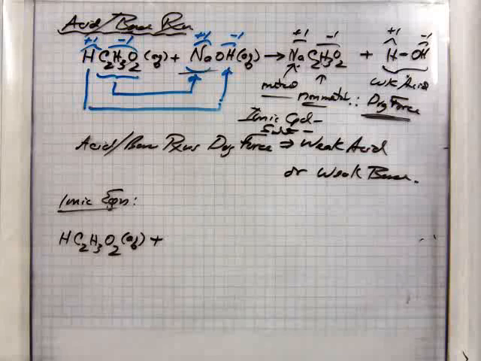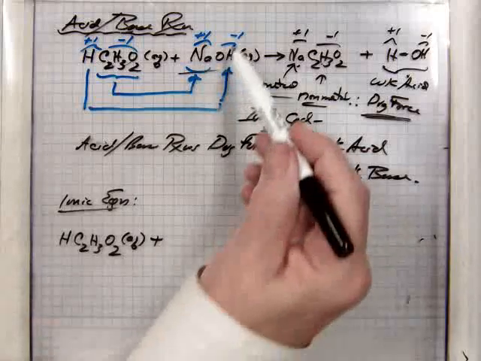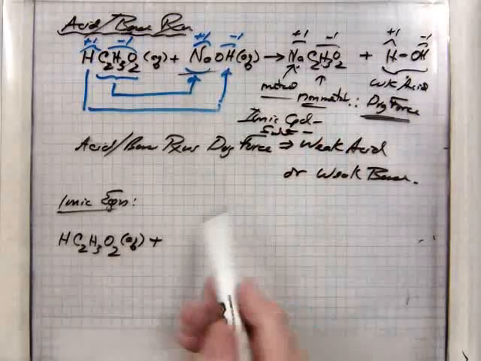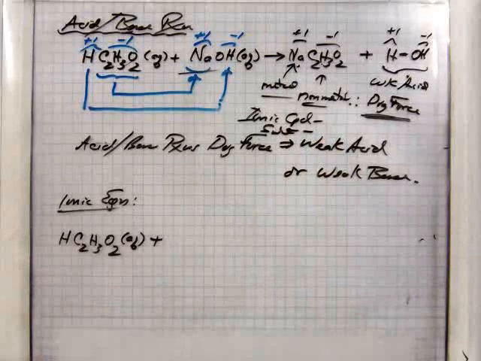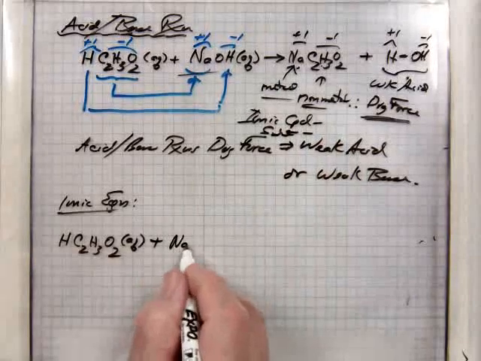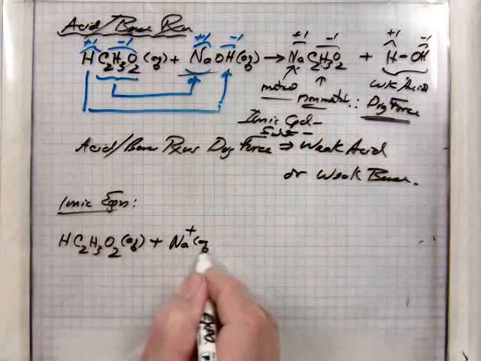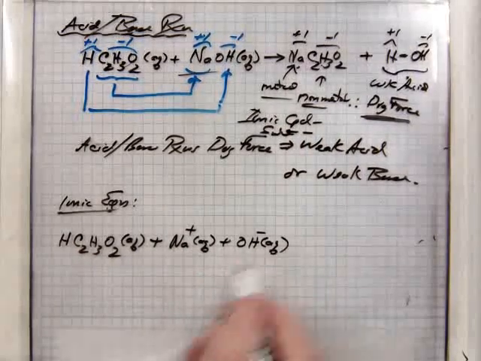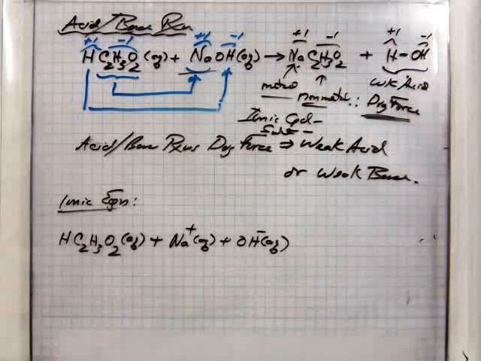Any one of those is a strong base. That means it ionizes 100% across this structure right there. And so if it does ionize 100%, yes, you show it in ionic form. Like that. So you have to show that one in ionic form.